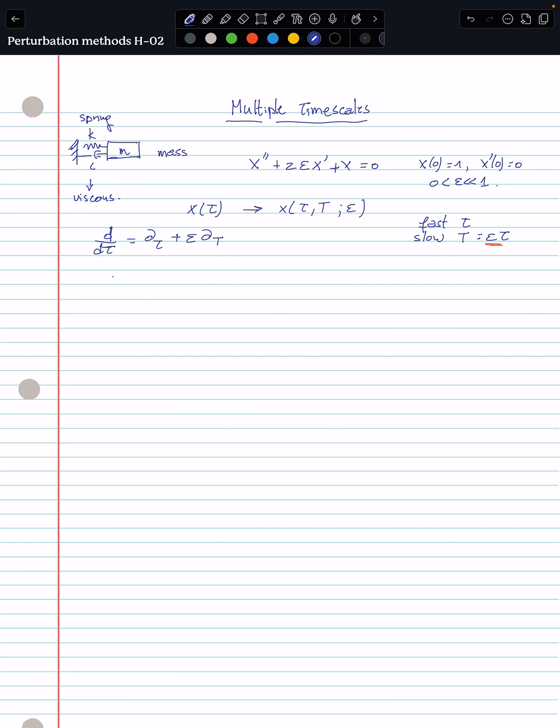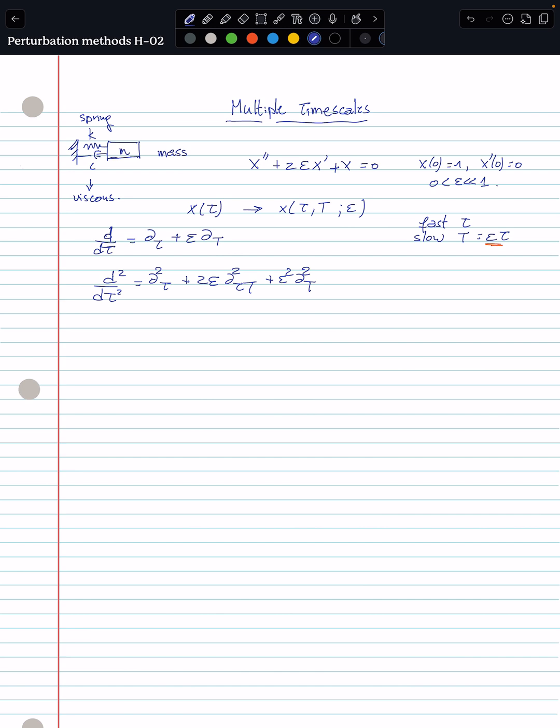This means that if you want to rewrite the original equation, let me write the second derivative, which is something anybody would probably do. The second derivative becomes the second derivative with respect to tau, plus 2 epsilon times the cross derivative, plus epsilon squared times the second derivative with respect to the slow time scale.